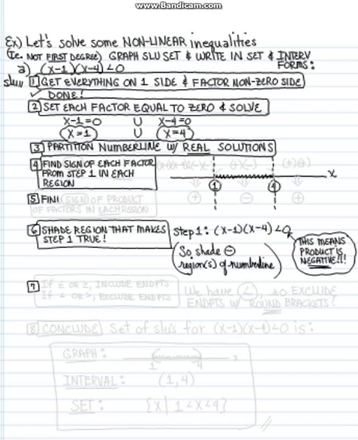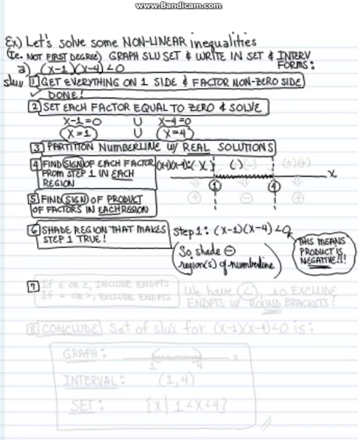Then we'll look at step 5, find the sign of the product in each of the regions. So first we'll write our factors up above the x-axis. And we'll consider values of x in each of the 3 regions, plug them in our head, and figure out if each of the factors is either positive or negative. So the factors are (x minus 1)(x minus 4).